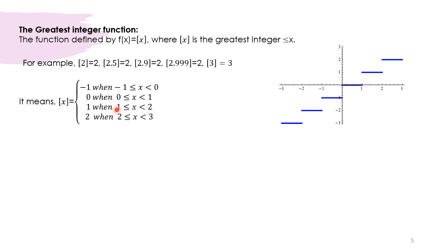Okay, so you see the symbol, it is 1, and 2 less than or equal to x less than 3. So the greatest integer not exceeding x will be 2. And here you see the graph of the function is like this, and it is looking like a staircase. The other name of this greatest integer function is the step function.